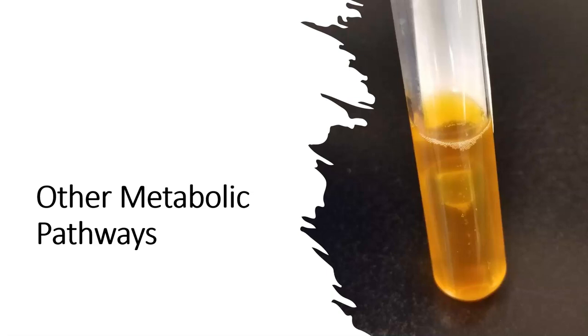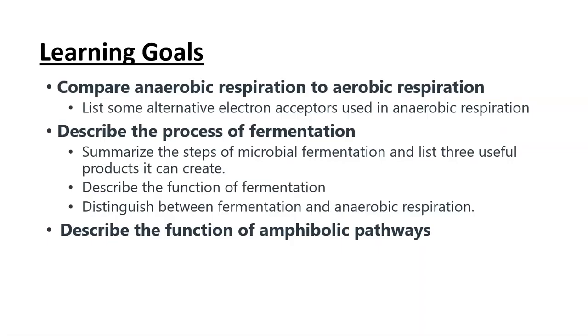In this video, we are going to discuss some of the alternatives to aerobic respiration. We are going to start with anaerobic respiration and fermentation. We will also briefly discuss how other molecules besides glucose can be used as an energy source and some of the links between catabolic pathways and anabolic pathways.